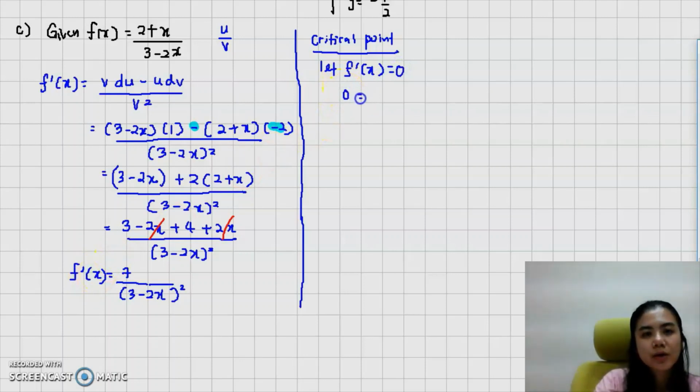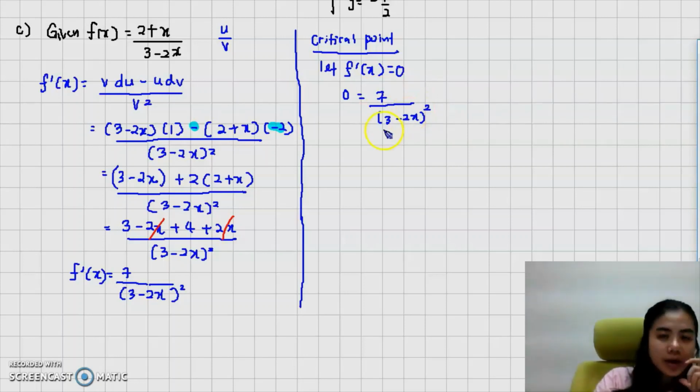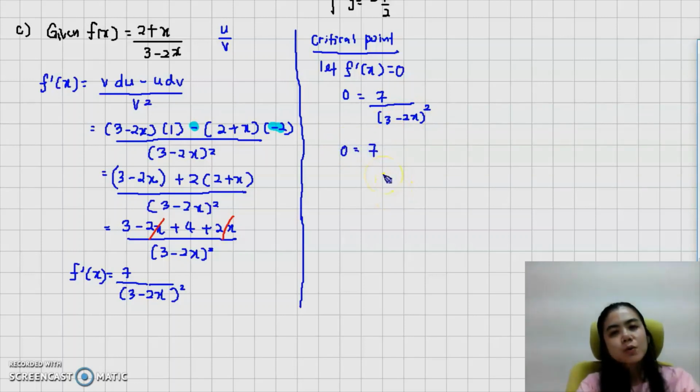So you have 0 equal to 7 over 3 minus 2x squared. If we solve this one, we will have 0 equal to 7. We know that it's impossible to have 0 equal to 7.